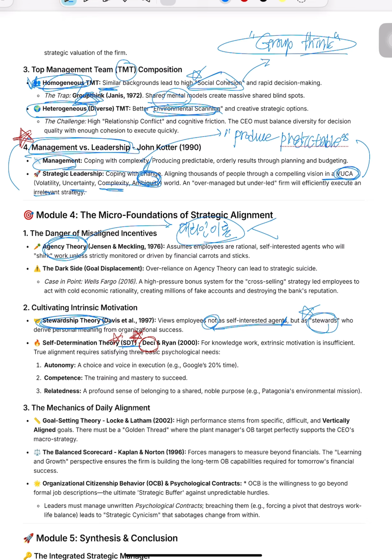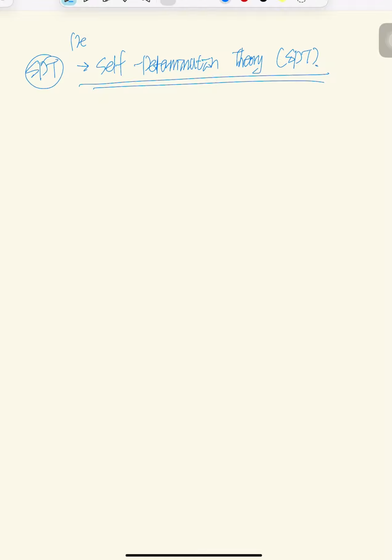Anyway, SDT argues that for long-term strategic alignment, extrinsic motivation, money, and fear is fundamentally insufficient, he argued. So it's better to explain on a new paper as well. SDT, self-determination theory, from Deci and Ryan.